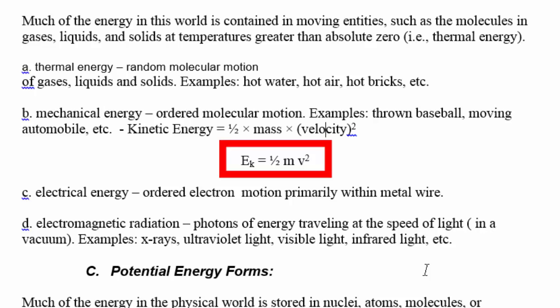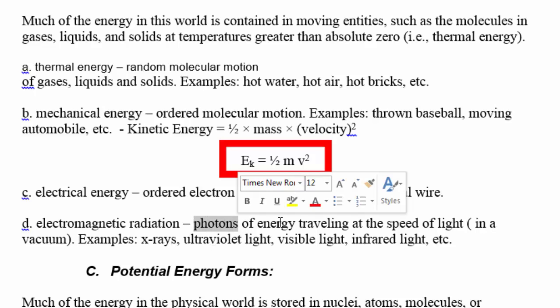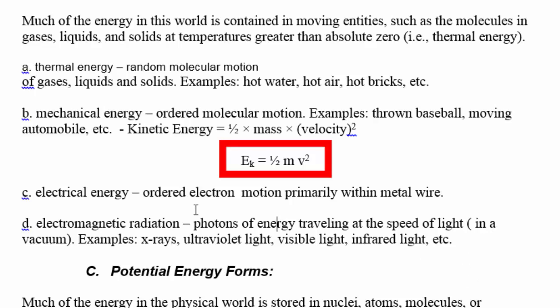We see that clearly in photovoltaic cells, solar cells, where the light hits those cells and knocks electrons out of them, knocks out the electric charges and produces electricity. So light has the ability to do work due to the motion of the photons, which are the energy nature of light. So this was the kinetic energy that is divided into 4 types: thermal, mechanical, electrical, and electromagnetic.